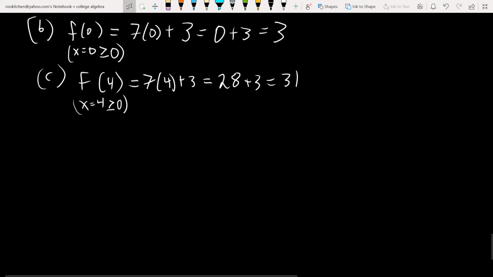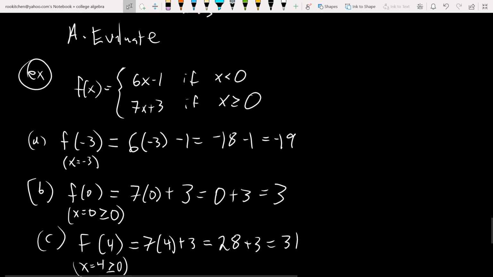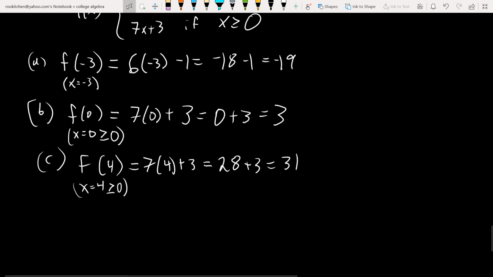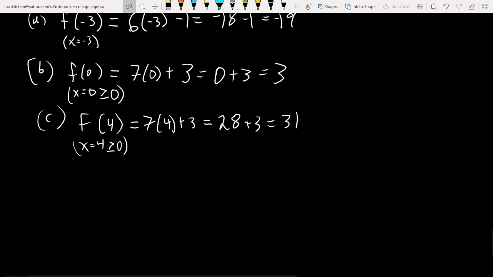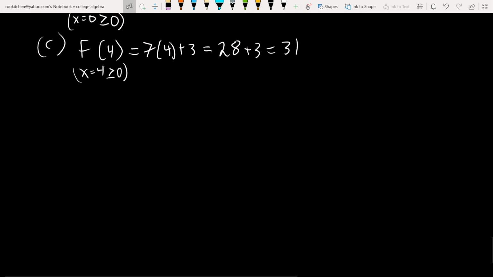Okay. What's a little harder then is graphing these things. So what I advise you to do is just graph each piece separately over the appropriate interval. So part B in my notes here: part A is evaluating, part B is graphing. Graph each piece separately.